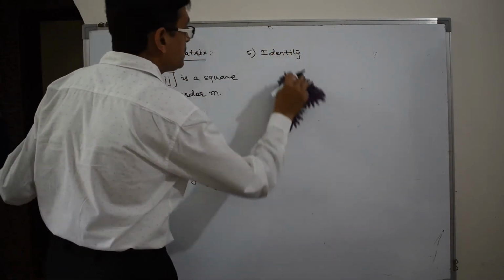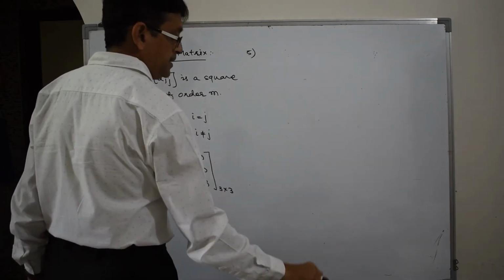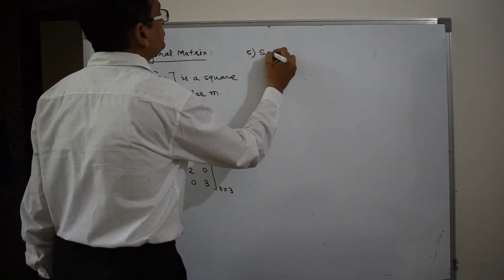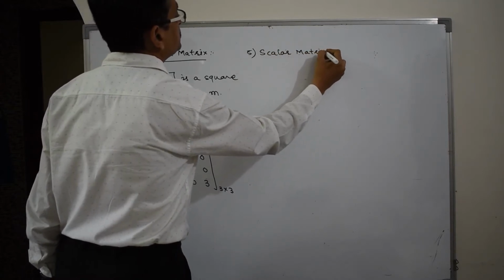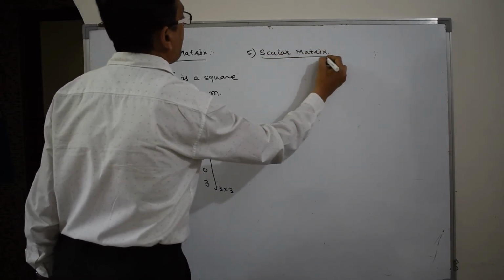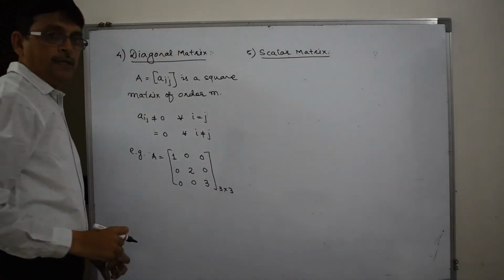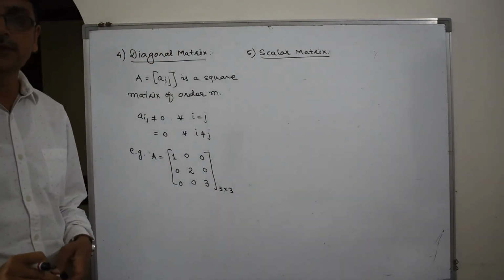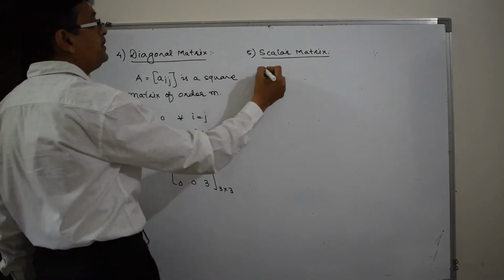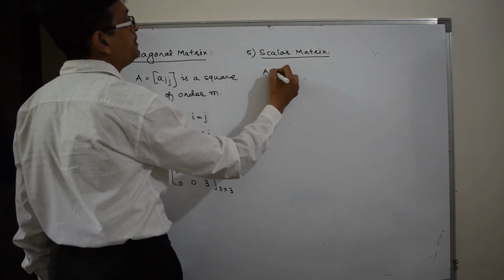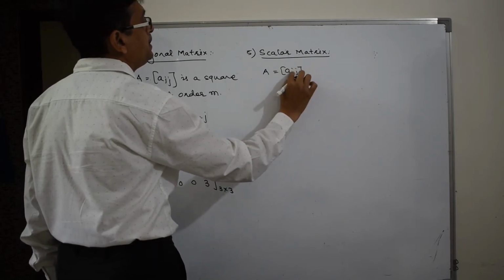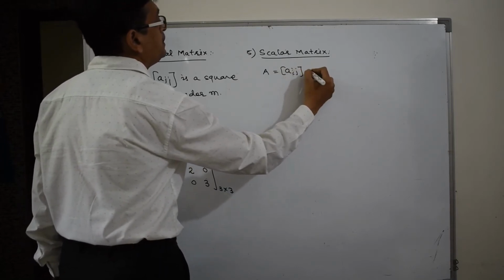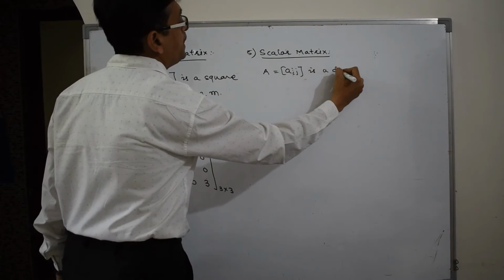The next type, which is again a most important type, is called identity matrix. Okay, let us first consider a scalar matrix. Now, to define this, first of all, we have to consider a diagonal matrix. So let A is equal to Aij is a diagonal matrix.